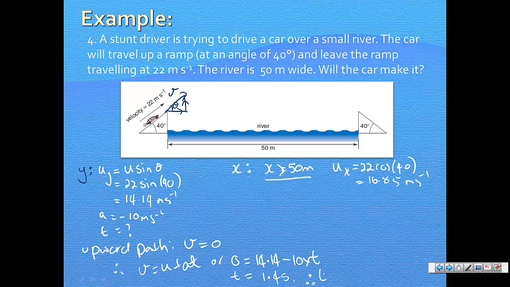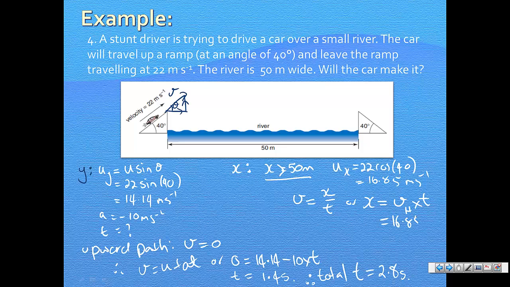So therefore, the total time would be 2.8 seconds. If I know the total time of the journey, and I know the horizontal speed, then if I come back to my horizontal components and just consider that the velocity is going to be distance on time, or let's find the horizontal range, it's going to be my horizontal velocity times the time.